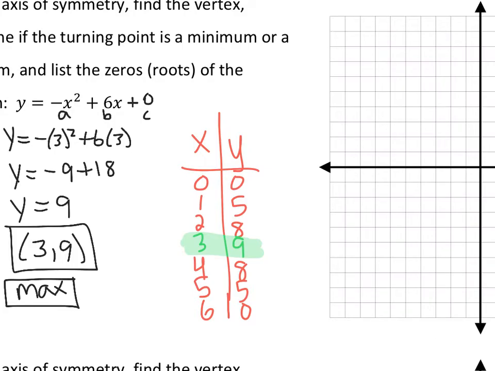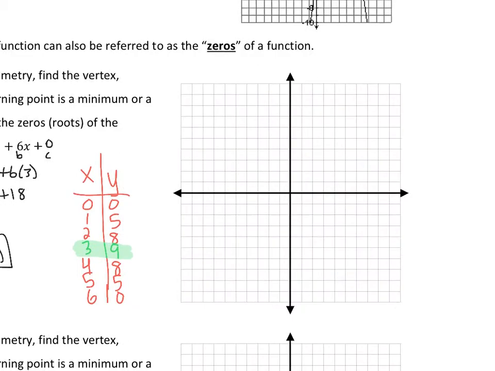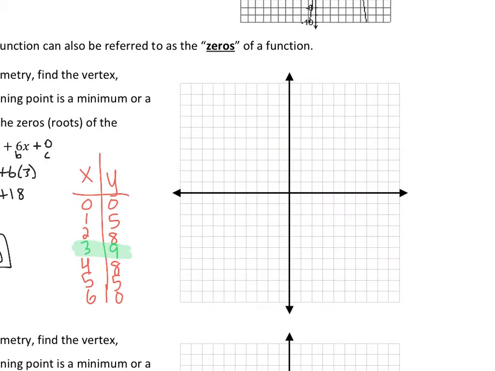Okay, let's go ahead and graph. 0, 0. Let's pick a different color here. 1, 5. 2, 8. 3, 9. 4, 8. 5, 5.